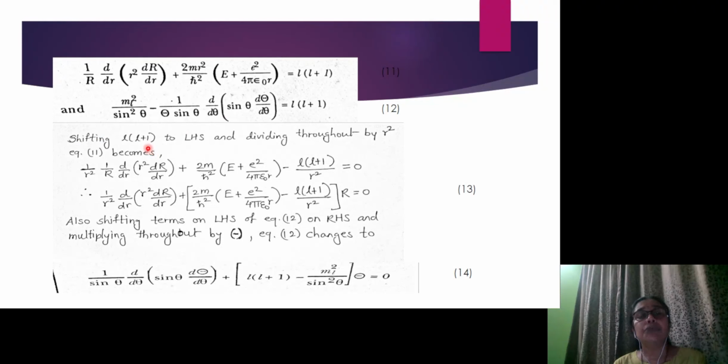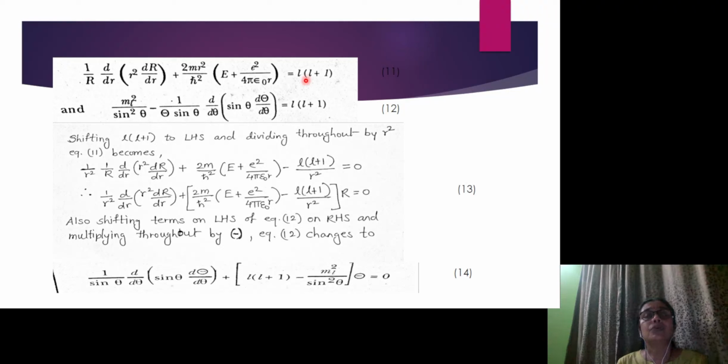Now shift L into L plus 1 to the LHS and divide throughout by r square. Why? Because we want all these terms on the left hand side and the right hand side should be equal to 0.